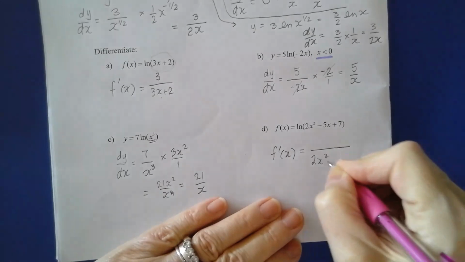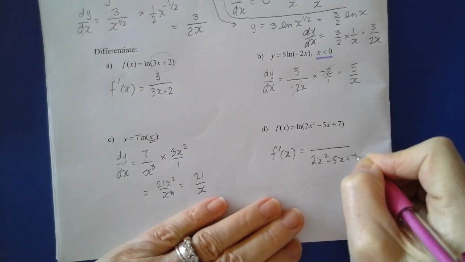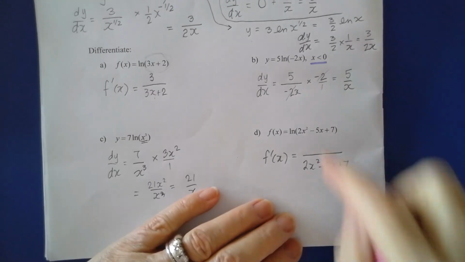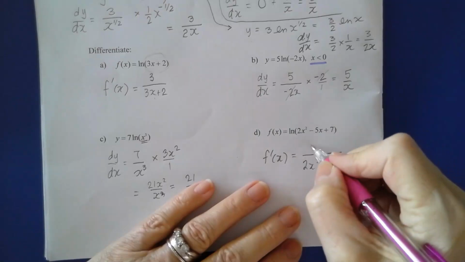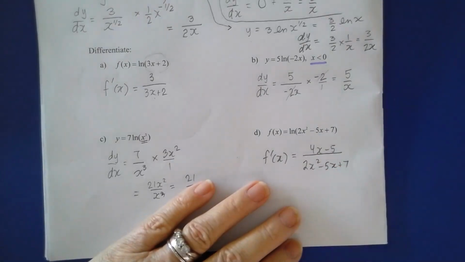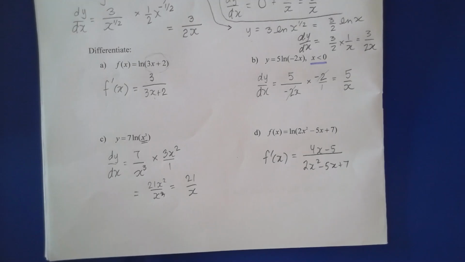So I'm going to do that. 2x squared minus 5x plus 7. And what am I meant to put on the top? The derivative of what's inside. Done. It's pretty easy, isn't it? If you could simplify this, you could, but they're very rarely. It takes a really contrived question to get it to be simplified.